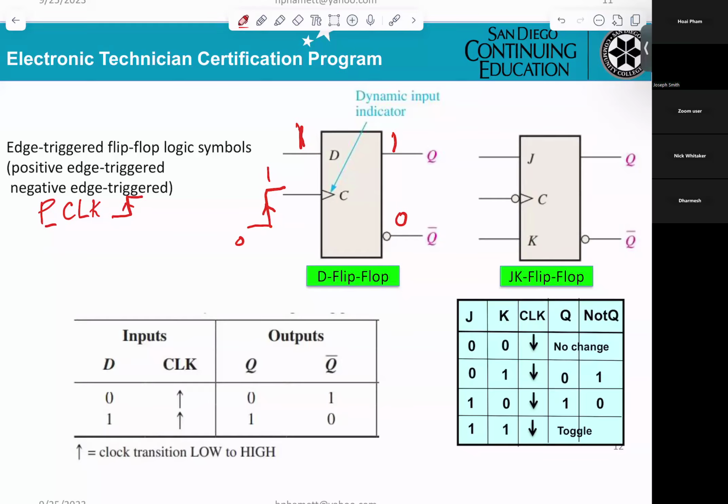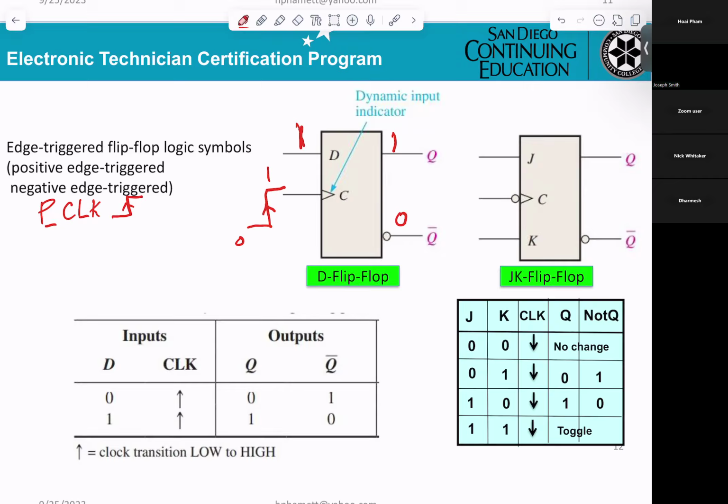So if you want the clock 0 to 1 in the program, you call the function P clock. That's a very simple explanation of the flip-flop.